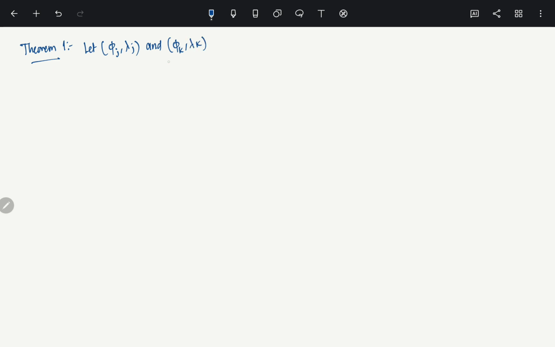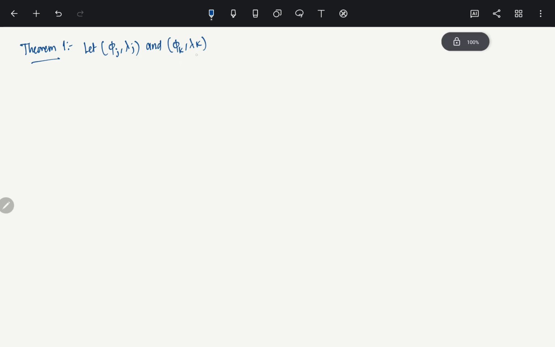Some people write lambda first and then phi k second. It doesn't really matter. Basically phi is the eigenfunction corresponding to the eigenvalue lambda. So you can understand what I'm trying to write here: two eigenpairs like this.